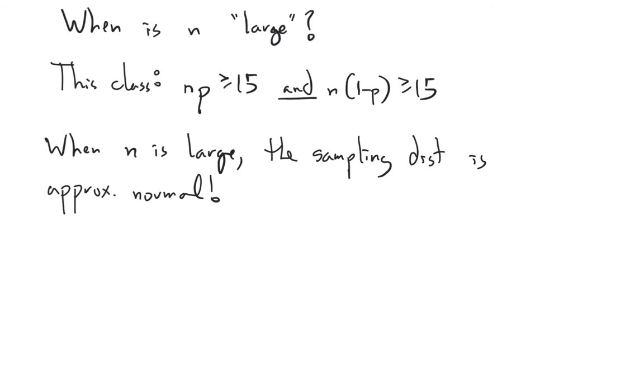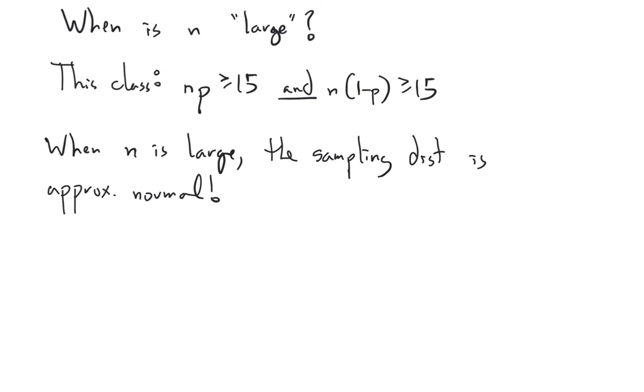And the shape of this distribution is very nice as long as n is large. And by large, that really depends on what your p is here, what your population proportion is here. So for this class, we say n is large when n times p is greater than or equal to 15, and n times q, or n times 1 minus p, is greater than or equal to 15.